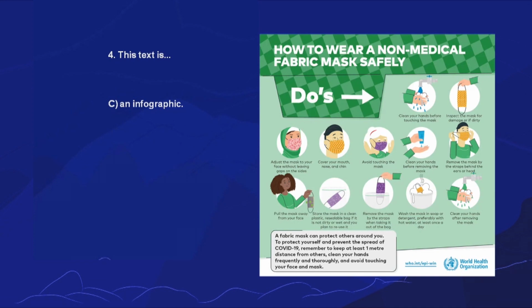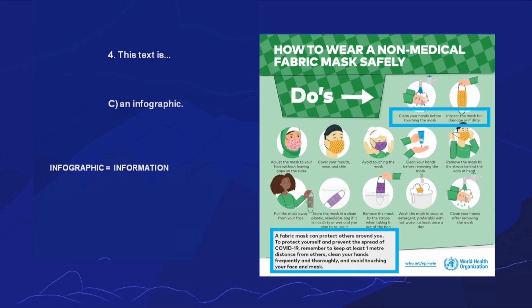But what is an infographic? Look, an infographic has information. Look at the information in the text. And graphic, pictures. It has pictures. Look at the pictures. Well done, everybody. Great job.